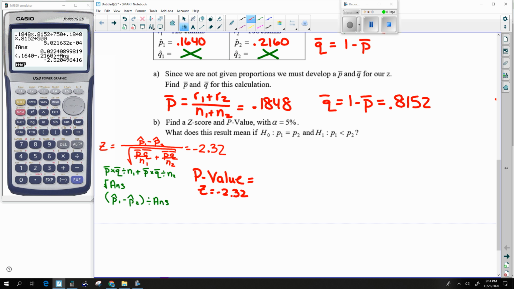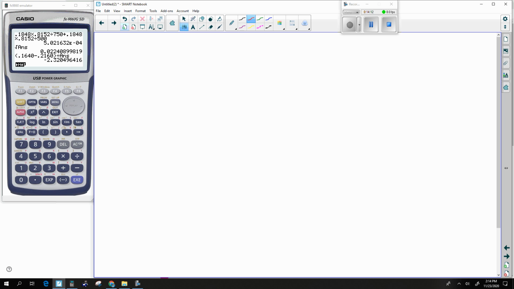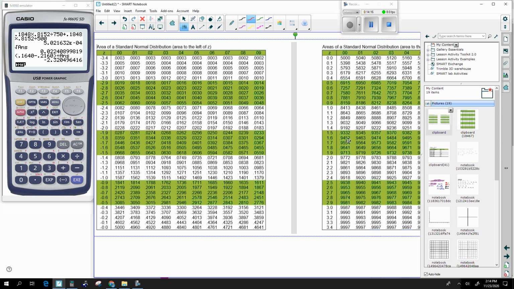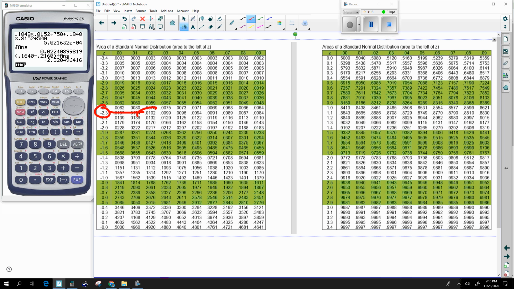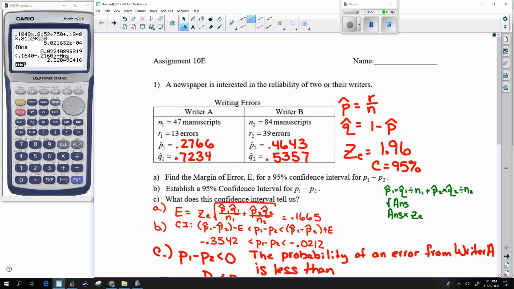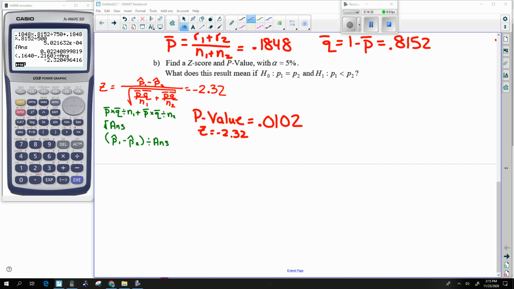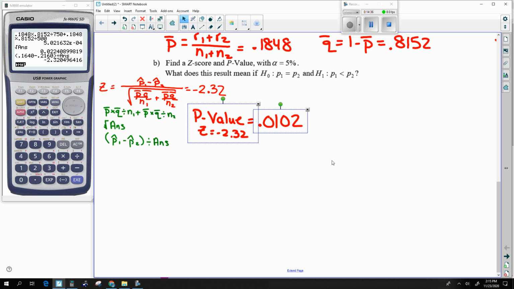So negative 2.32 from the z table is 0.102. That's the p-value of this situation.